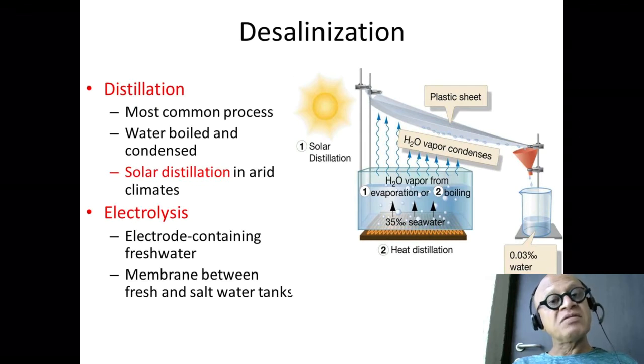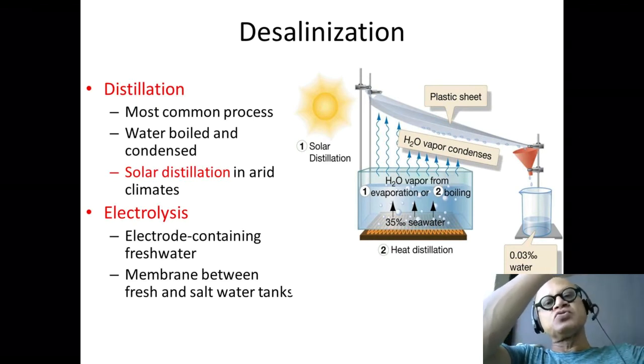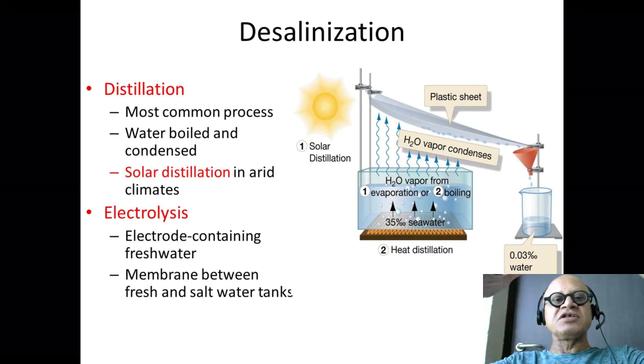But solar power can be used, and it is being done in many places where solar energy is directly used to evaporate water, and there is a plastic sheet on top of the tank which collects the water vapor coming out of the salt water and then condenses it. Obviously, scaling it up and accomplishing a lot of it per day is not an easy thing. So it's energy friendly, global warming friendly, but scaling can be very difficult.